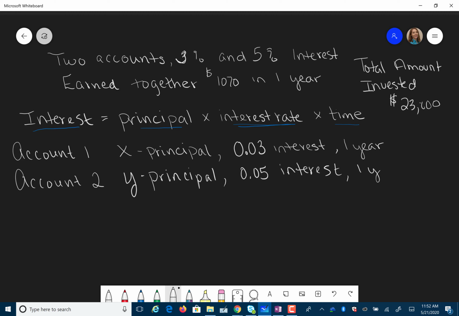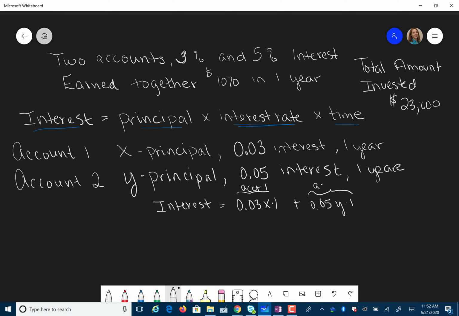Okay, so we take a look at that and we can say that the interest is the interest rate times the principal times 1. This is what's coming from the first account, plus the interest we're going to earn from the second account.